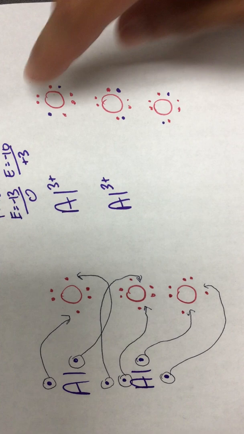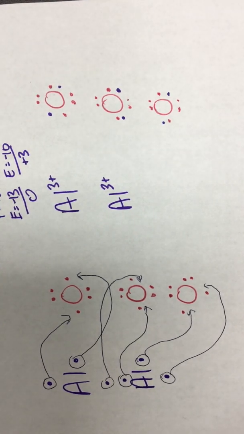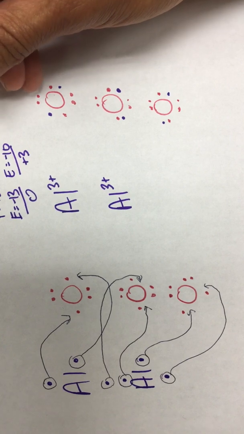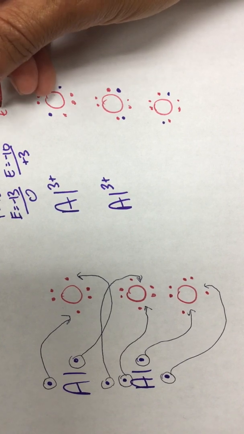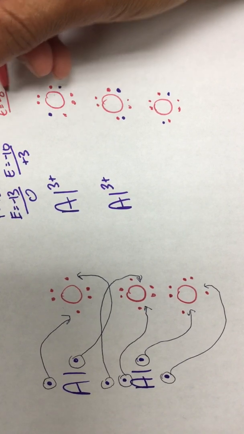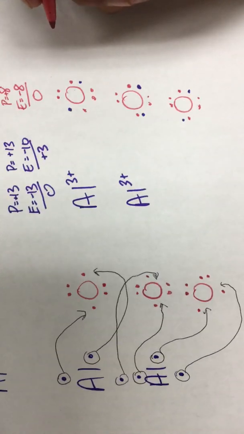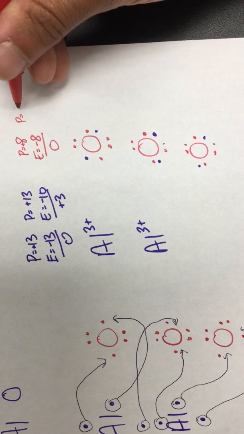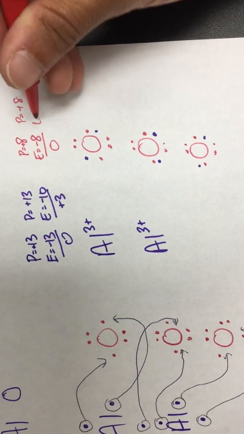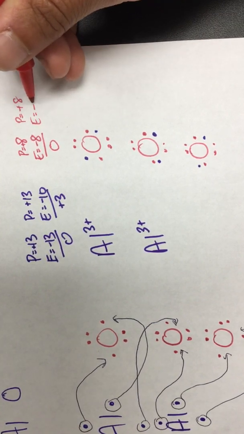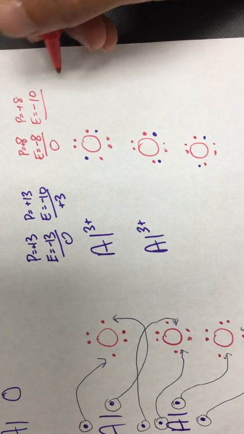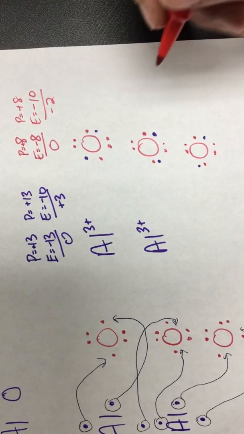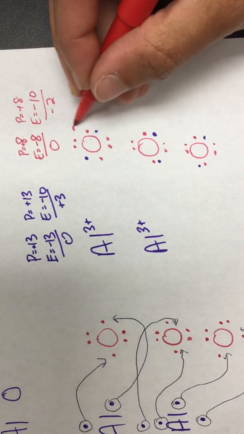So we can see that oxygen has a full valence shell. Originally, the number of protons it had was 8, and the number of electrons was 8, so overall the charge would have been 0. However, now the number of protons is still 8, and the number of electrons is actually 10. So it's got 10 negatives, and that means that each oxygen is going to have a charge of negative 2. So I'm going to put that down here.